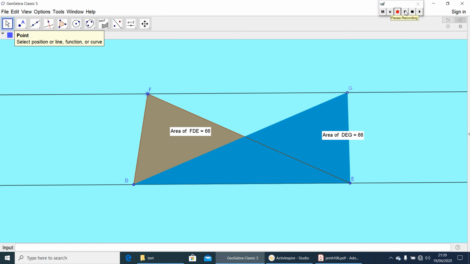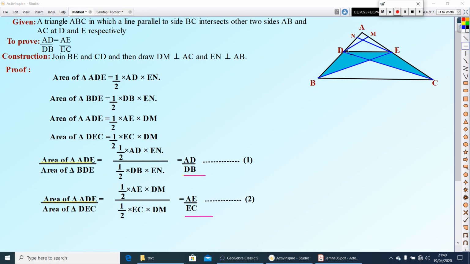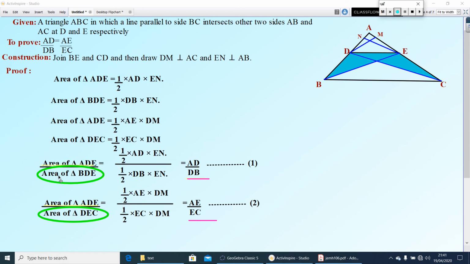Now look back to our proof. Here triangle BDE and triangle DEC both have the same base DE and are between the same parallels DE and BC. Therefore, they have equal area, as we saw in the property before. That is, the area of triangle BDE and the area of triangle DEC are equal.